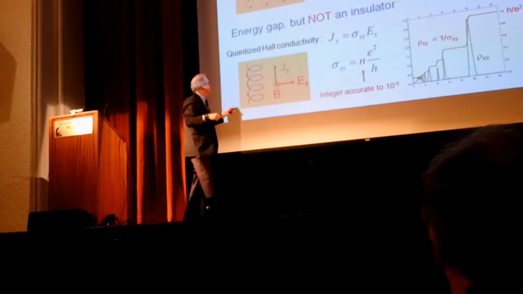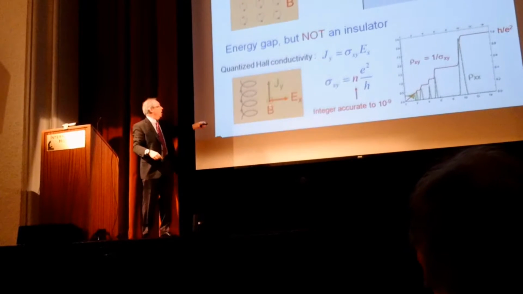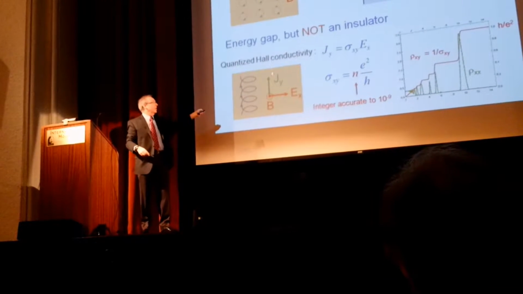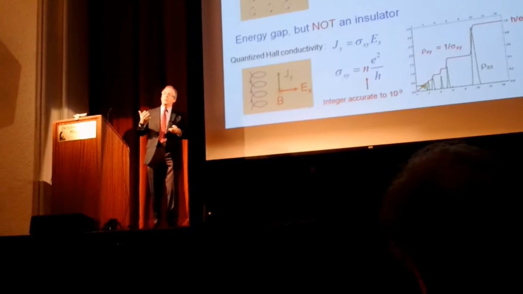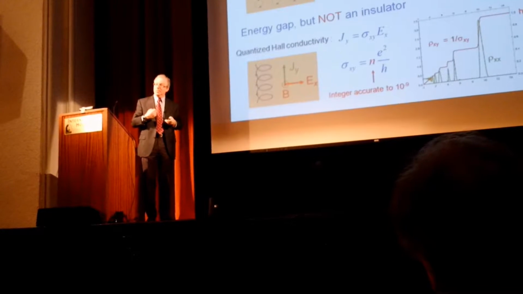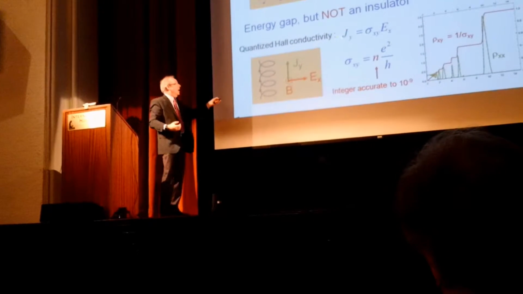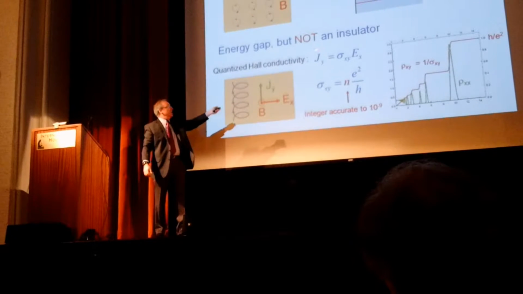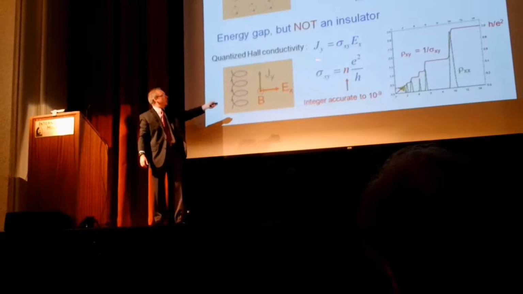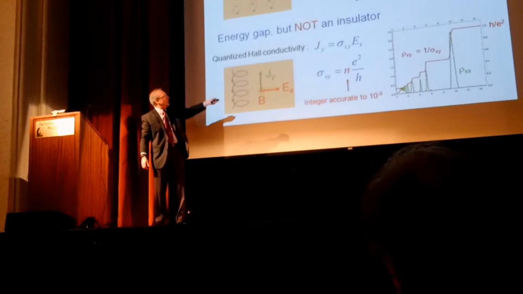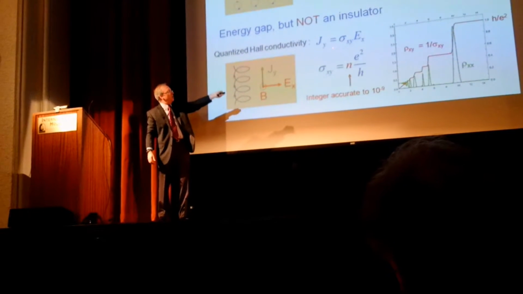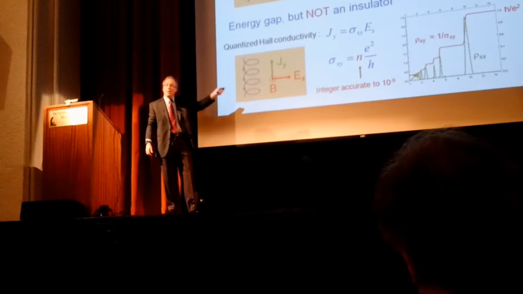And so that means that an electric current will flow perpendicular to the electric field, and this gives rise to an effect that's called the Hall effect. Now, one can think that there's an electric current proportional to the electric field, but it's perpendicular, and the ratio between these two defines what's called the Hall conductivity.